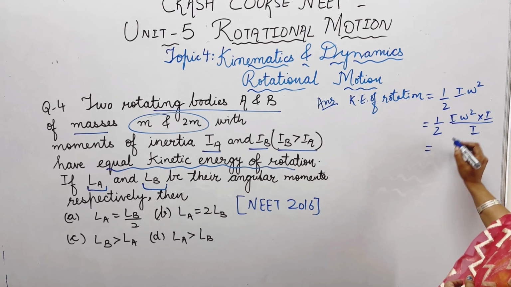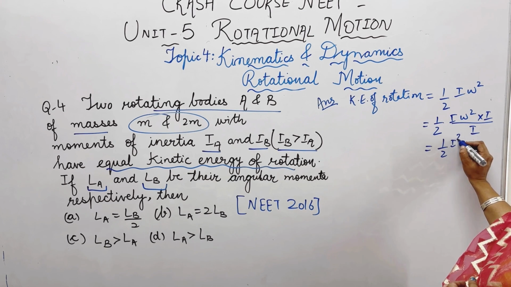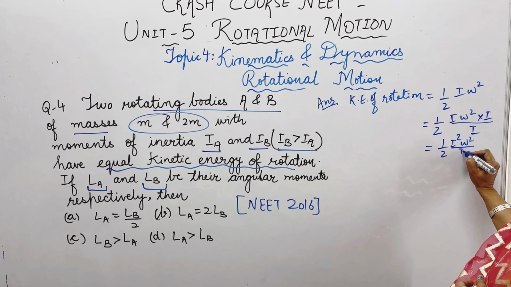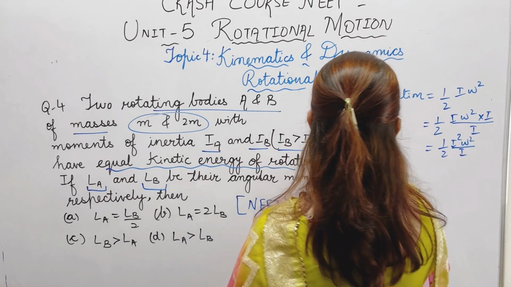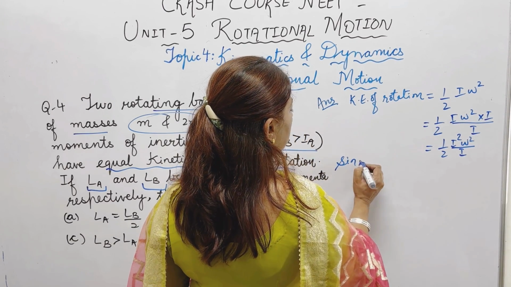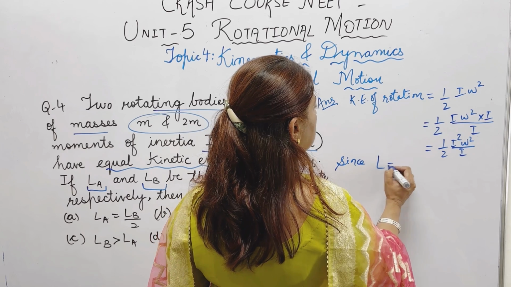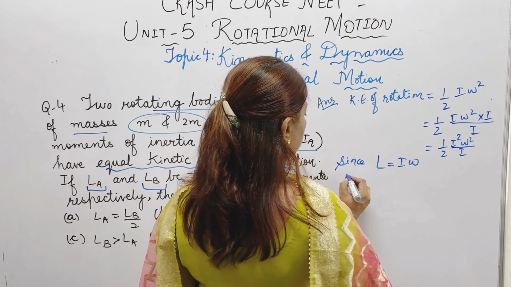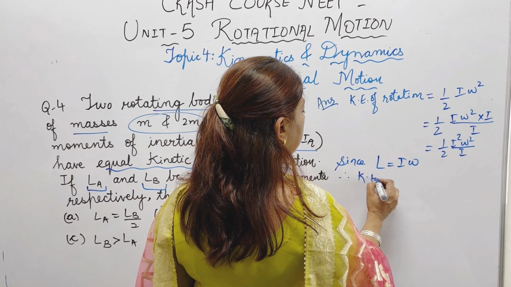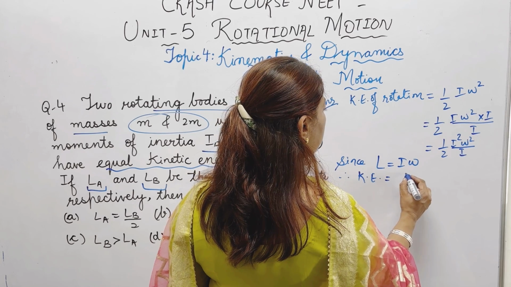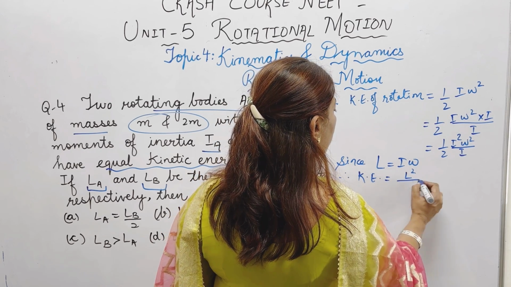So we have half I square omega square upon I. Since the angular momentum L is equal to I omega, therefore kinetic energy is equal to L square upon 2I.